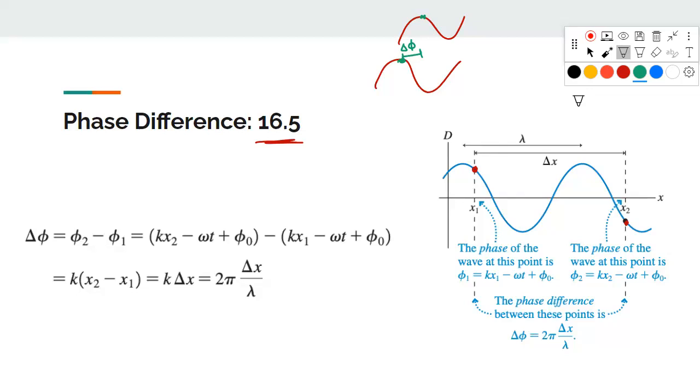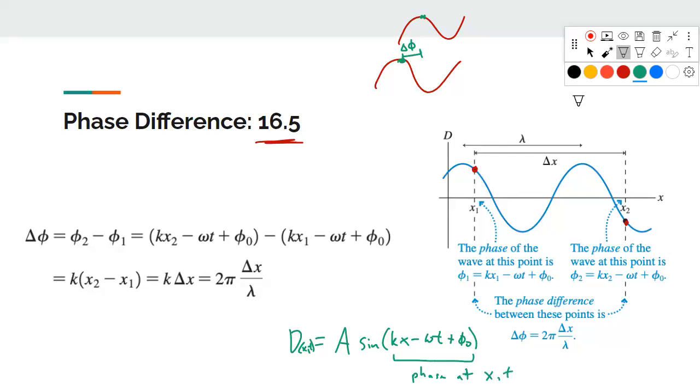And so you can see what they're doing in this picture is we have this point x1, and we know that our wave equation, D of x comma t, is going to be something like A times sine of kx minus omega t plus phi naught. And so this whole thing is the phase at point x comma t.